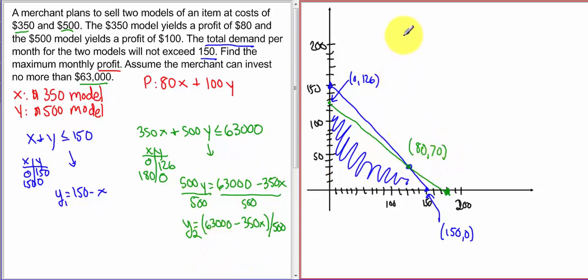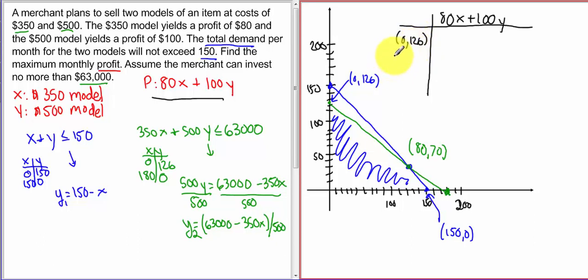So in our profit equation, make a little chart. Plug in this profit equation. You're going to plug in 0 and 126. You're going to plug in 80 and 70. And then you're going to plug in 150 and 0. So I have 100 times 126.